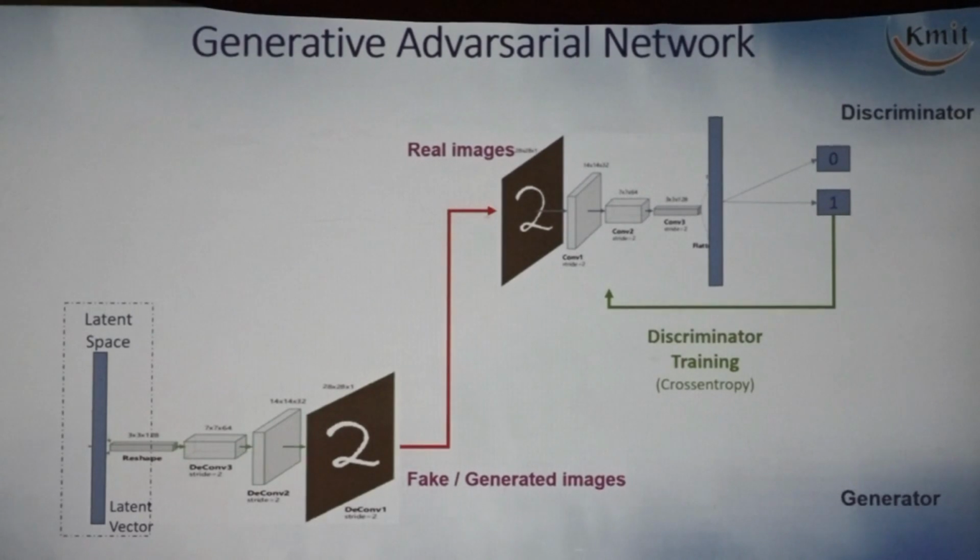Like a decoder, it is generating some 28 by 28 or 128 by 128 image. That image is a blurred image, that's it. There is no shape, nothing. Shape is there, but there is no meaning to that image. So some random picture is there.